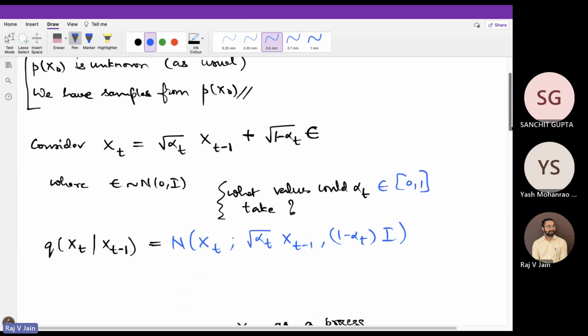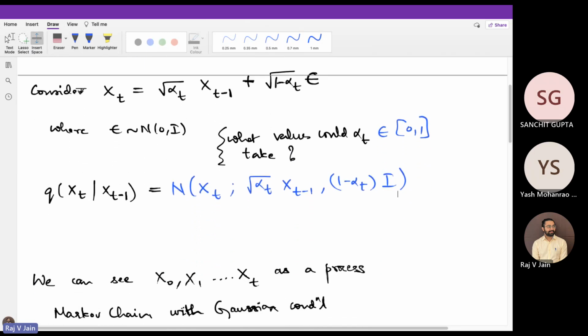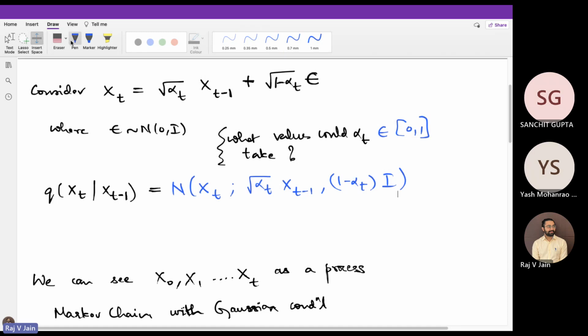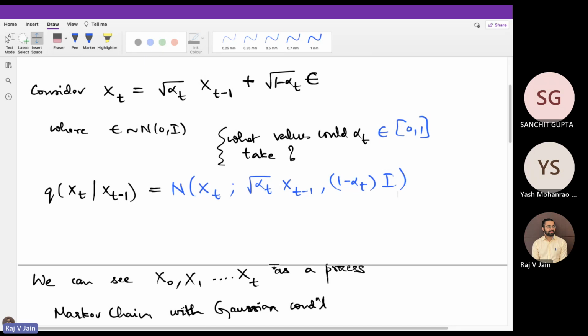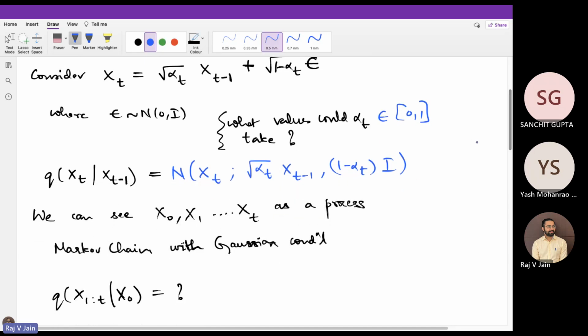So basically we can see this as a Markovian process, because each term in this x1 to xt depends only on the previous term, not on the history. Given the previous term, it's independent of the remaining history. Therefore we can see it as a Gaussian Markov chain with a Gaussian conditional process. So what is the joint distribution of all these variables given x0?